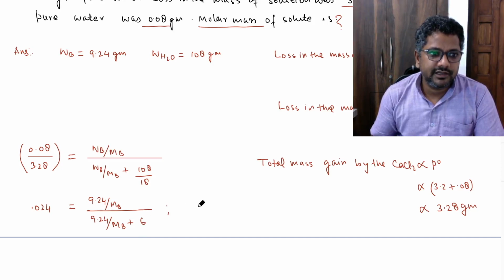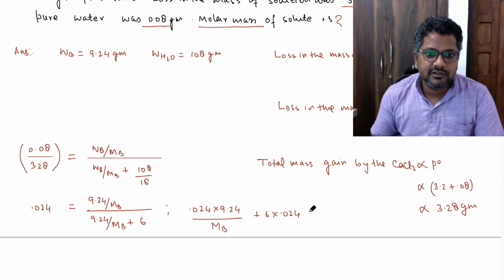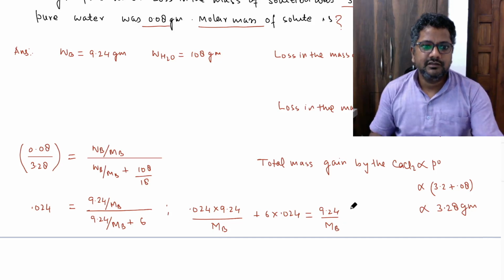So you can write 0.024 multiplied by 9.24 whole divided by MB plus 6 into 0.024 is equal to 9.24 divided by MB, right?